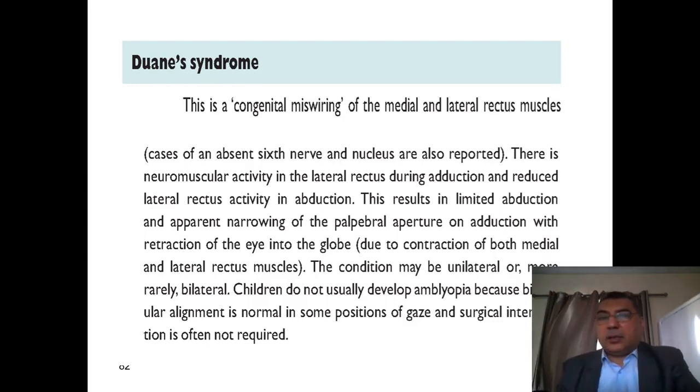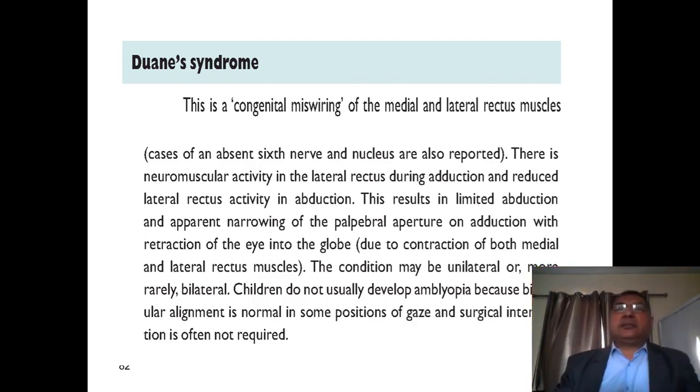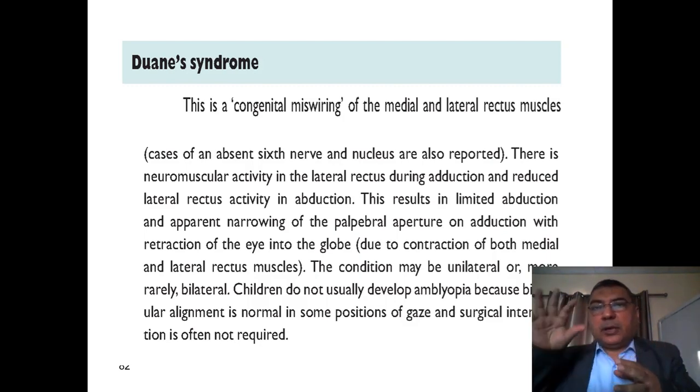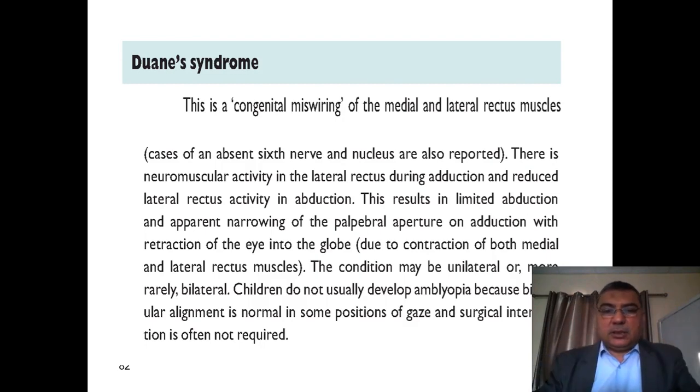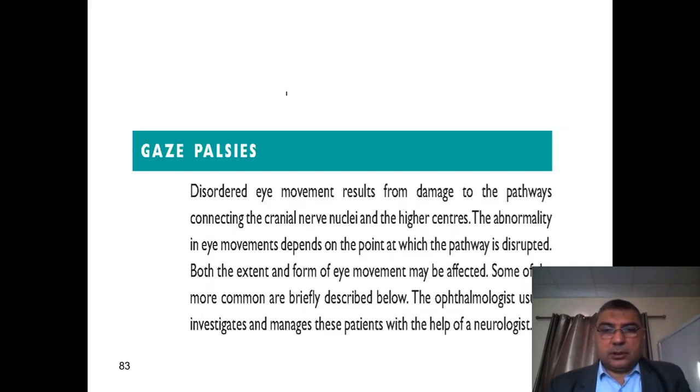So Duane syndrome is characterized by retraction of the globe and narrowing of the palpebral fissure on attempted adduction. There are different types of this syndrome, 3 types, but it is not of your concern.